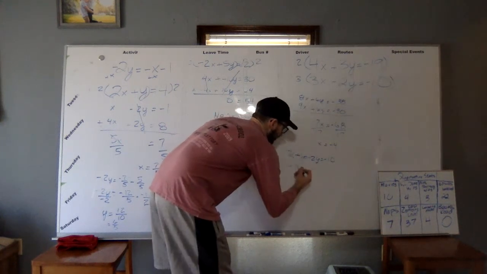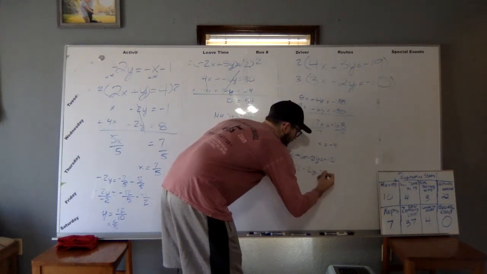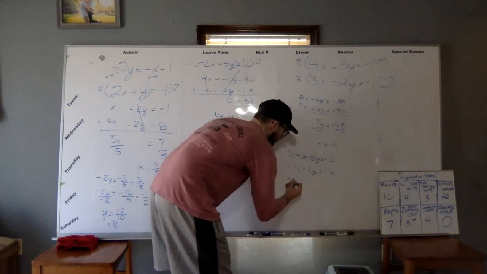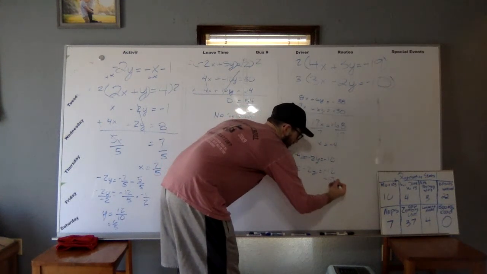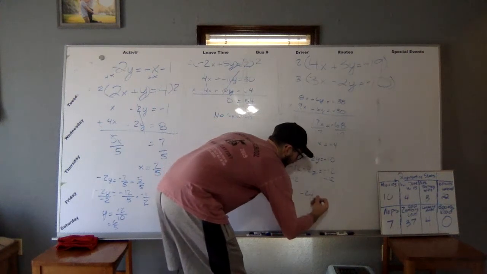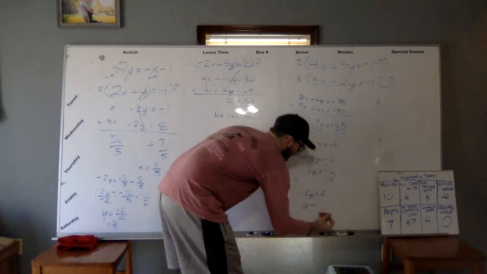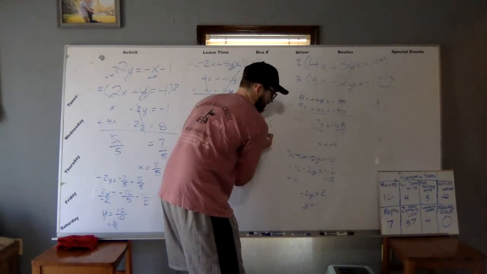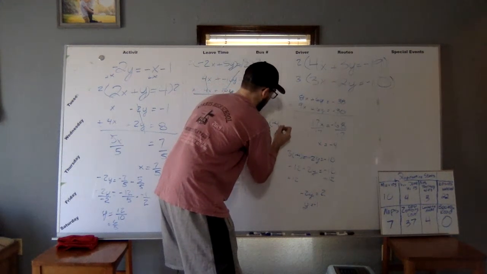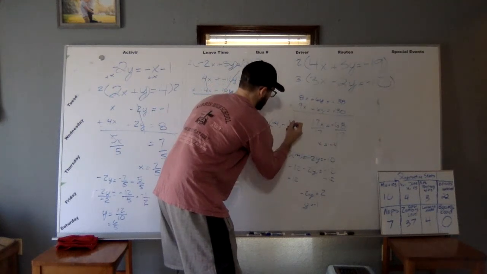And now I can solve negative 12 minus 2y equals negative 10. Add 12, you end up with negative 2y equals 2. Therefore, y equals negative 1. And my point of intersection is negative 4, negative 1.